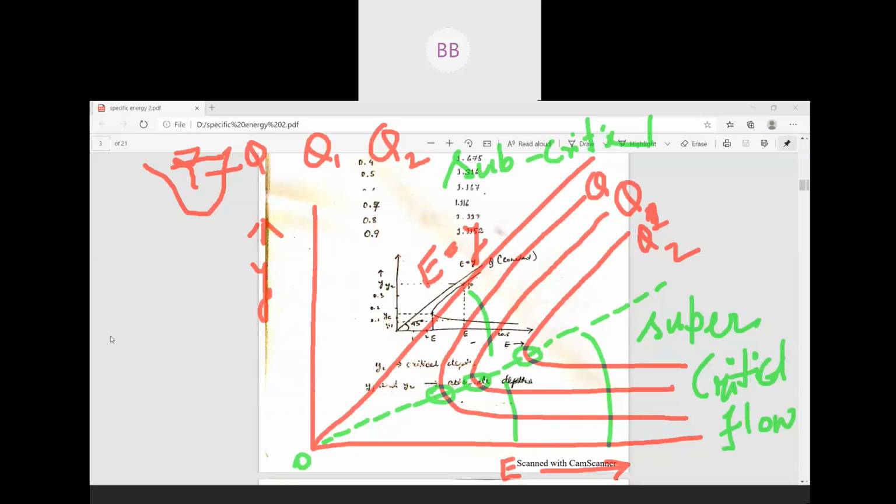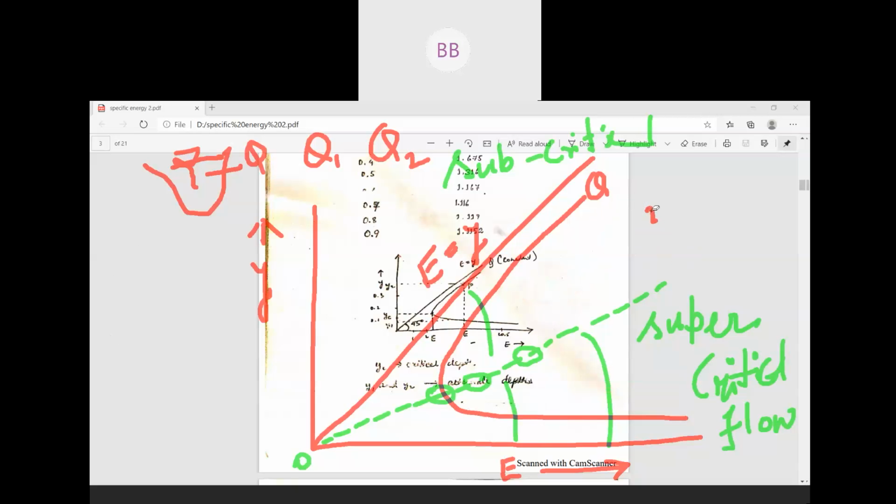Now see, if we consider only one graph, forget about the other two. For that specific energy curve for Q, this line divides the curve into two portions, one supercritical and one subcritical.